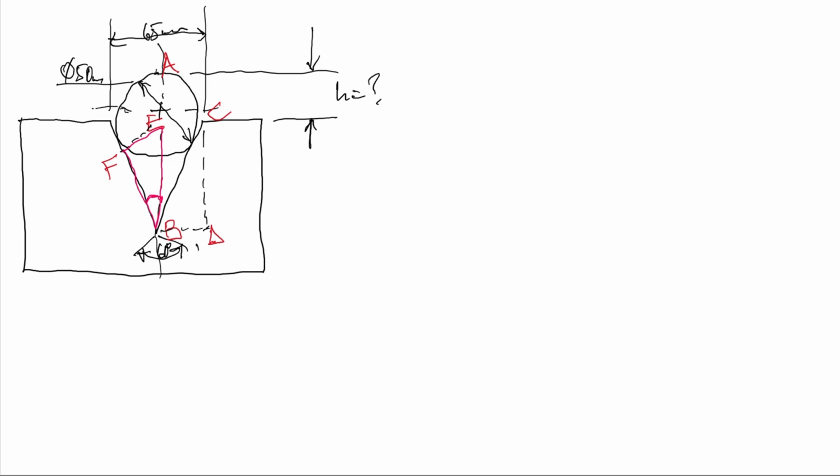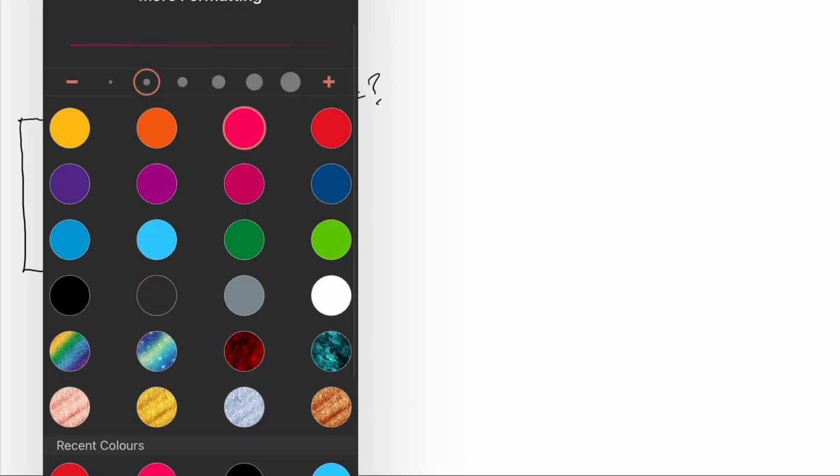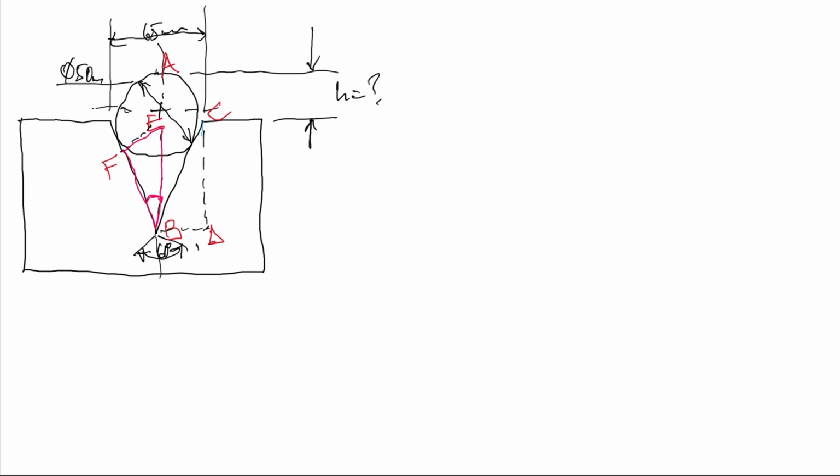You can see that. And then the second one, let me use a different color, this one here. These are the triangles that we're going to use. And then this angle here, obviously, is half of that. It's going to be 30 degrees. And this one also will be 30 degrees.